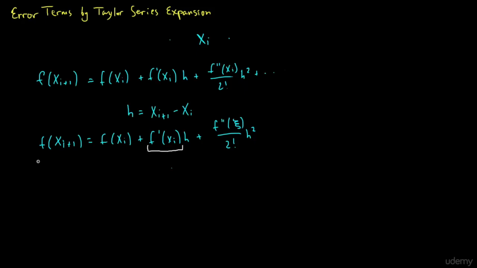So we can rewrite this entire thing in terms of the first derivative. We can say that the first derivative at a point xi is actually the function at xi plus 1 minus the function at xi, divided by h, and then minus this term, so minus the second derivative at xi divided by 2 factorial h.